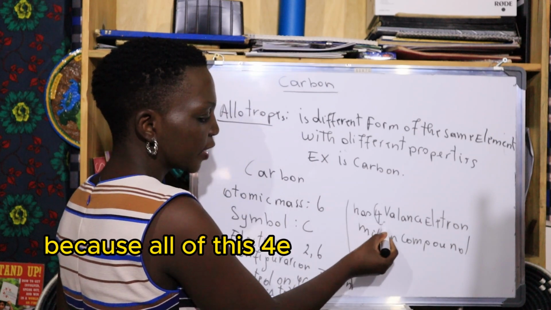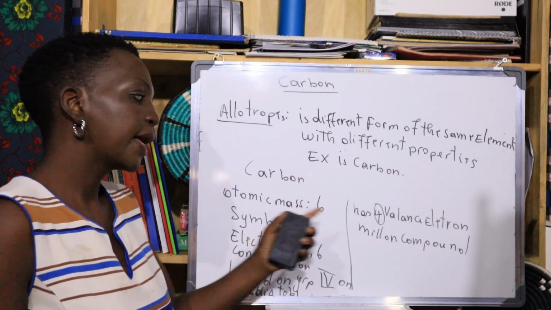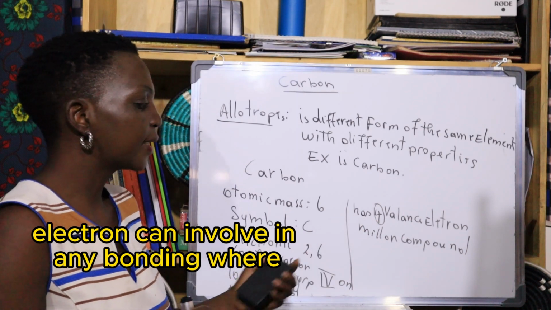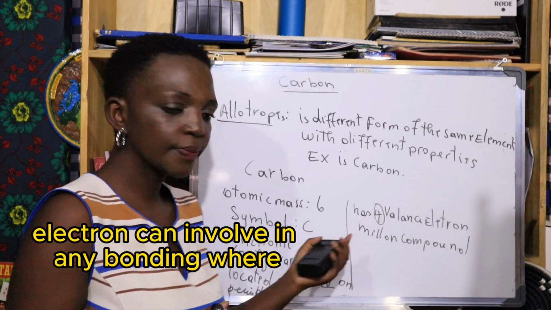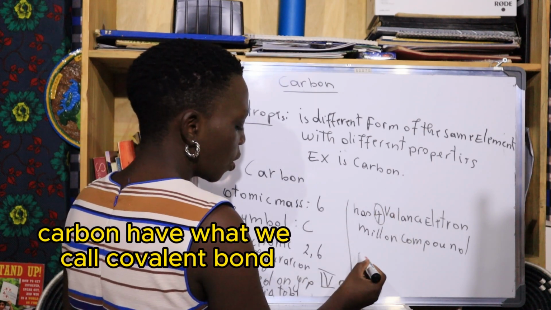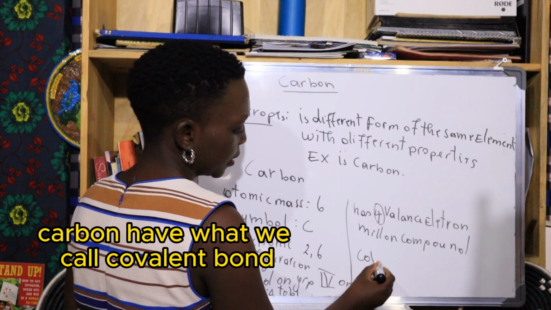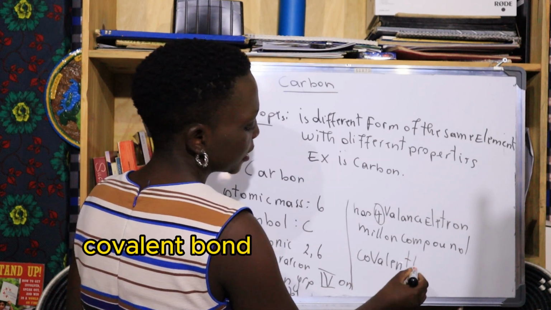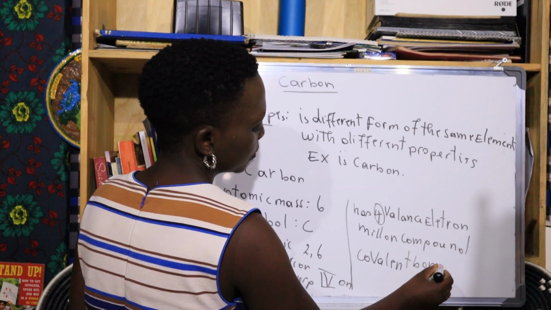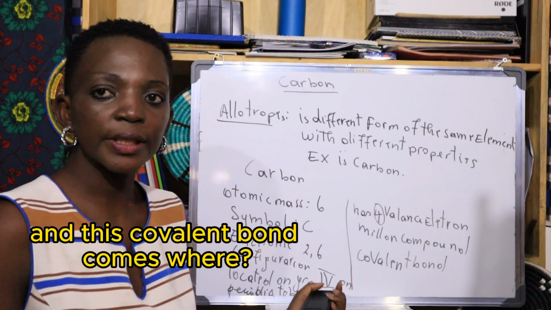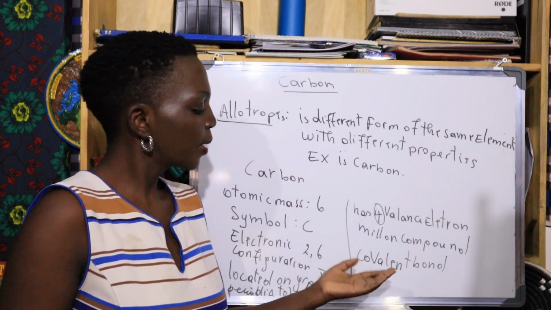All of these 4 electrons can be involved in bonding, where carbon makes what we call covalent bonds. And why does this covalent bond occur?